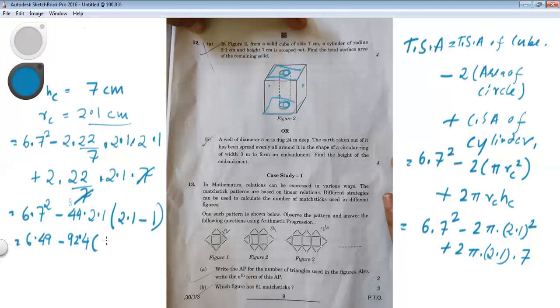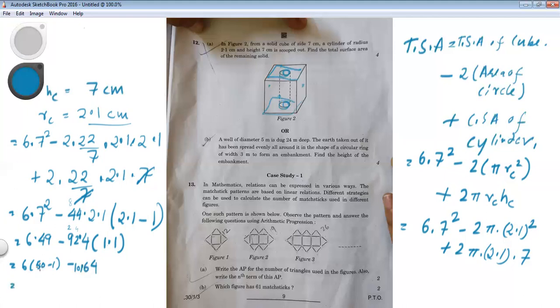92.4 into, this is going to be 1.1. So 6 times 49 is nothing but 6 times 50 minus 1, right? So this is 300 minus 6. 92.4 into 1.1 is nothing but 101.64.